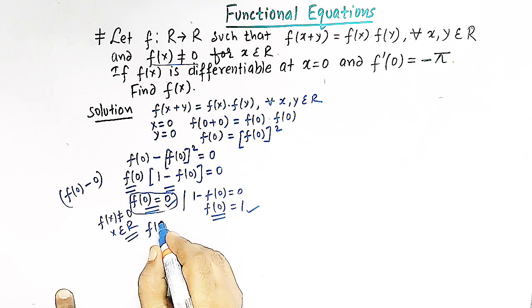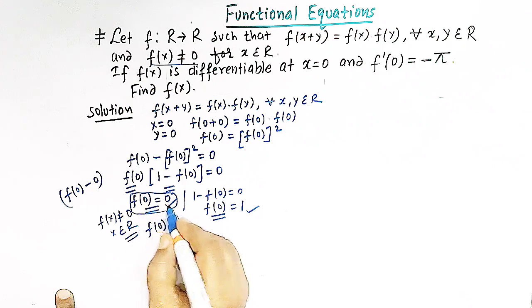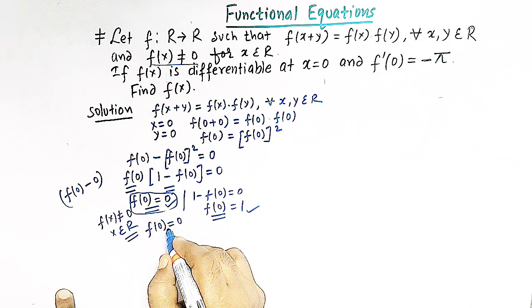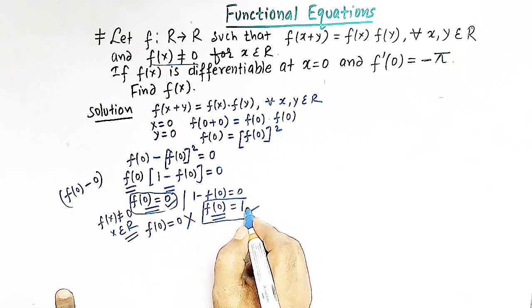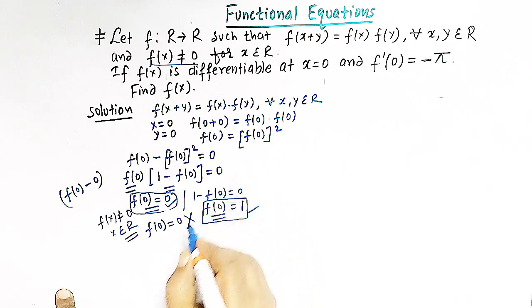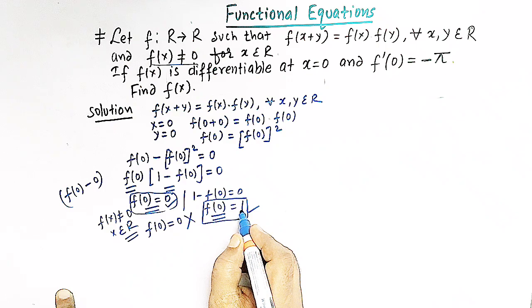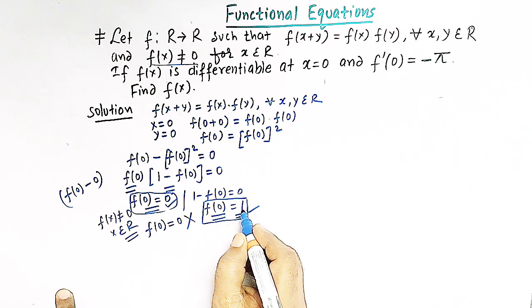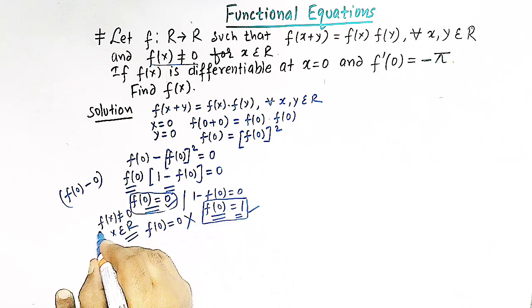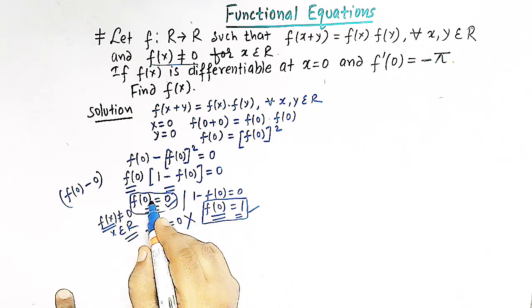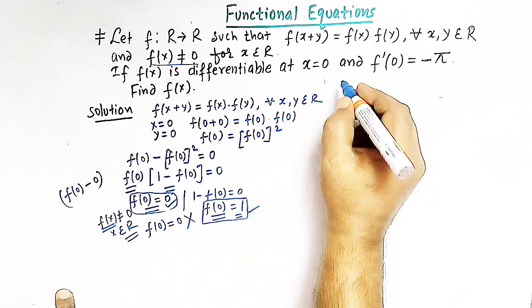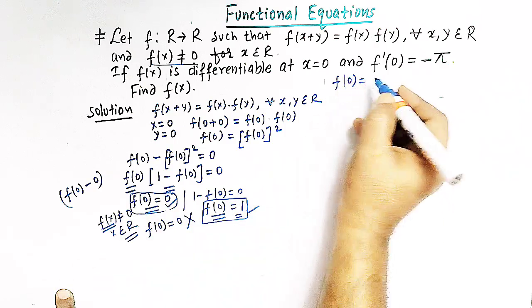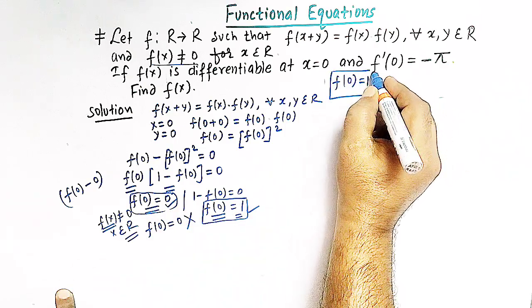So we'll discard this value, that is f of 0 is equal to 0, and will accept this one, because here f of 0 is non-zero, right? So f of 0 is equal to 1, so we'll accept this value. Due to this condition, we'll discard f of 0 is equal to 0. So let us take f of 0 is equal to 1, right?